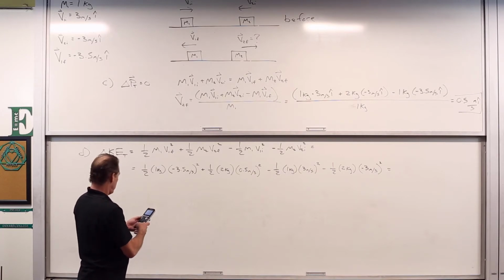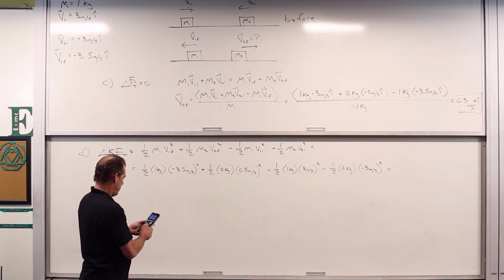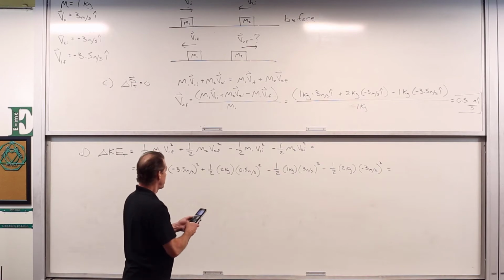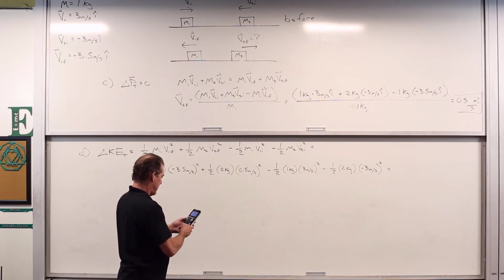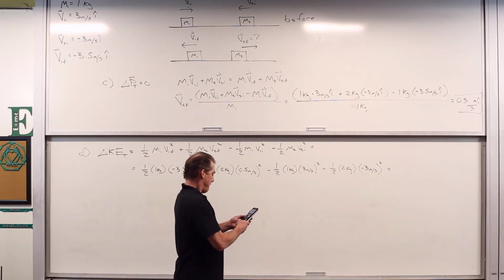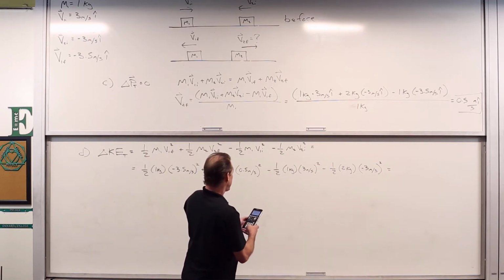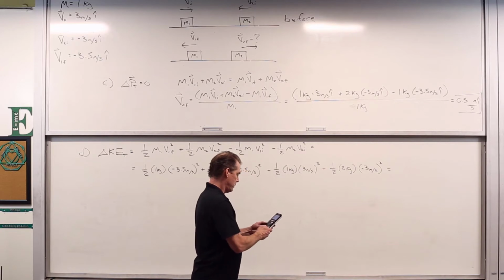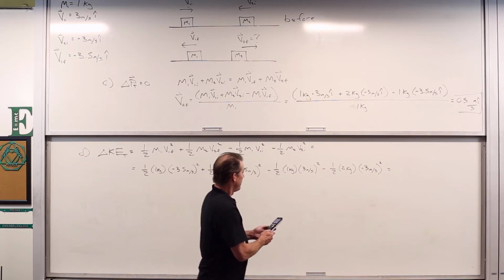We've got ourselves 0.5 times 0.5 squared plus 5 squared minus 0.5 minus 1.